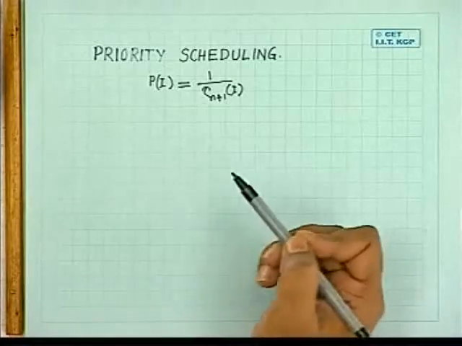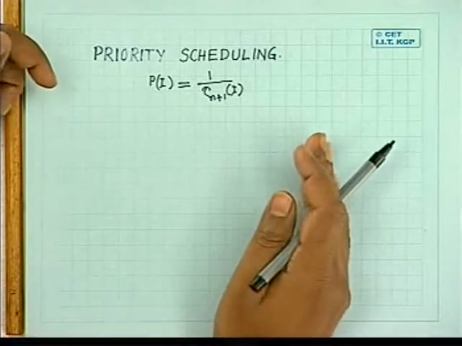In the other case, the user or the system administrator can set the priority of different jobs, and depending upon that priority level, a job which is having maximum priority or highest priority will be executed first. A job which will have the lowest priority will be executed last.